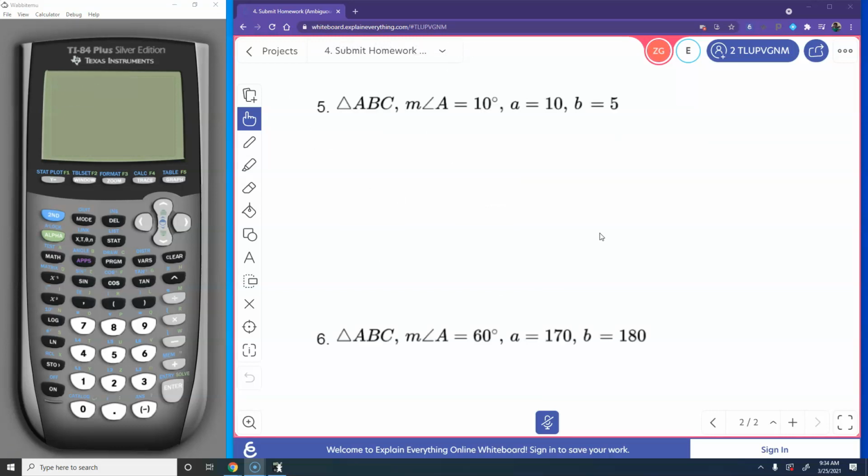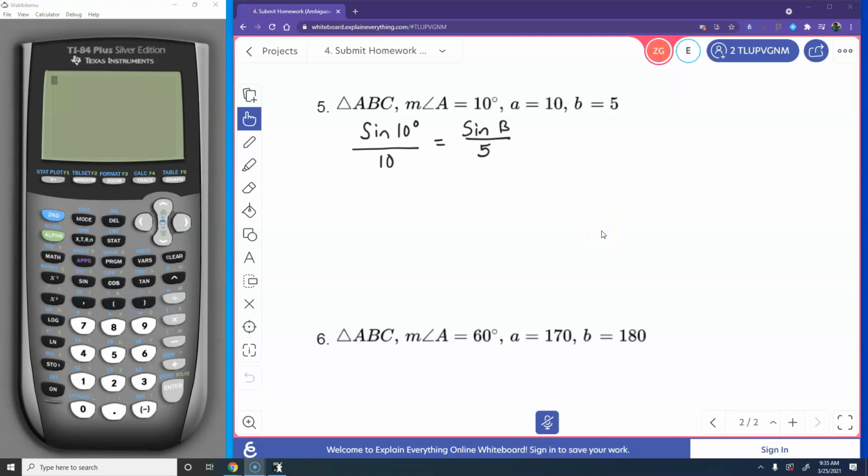I hope that you were able to try to work out 5 and 6. Now I'm going to give you the solution. So once again, we're given a triangle ABC. The measurement of angle A is 10, so we're going to say the sine of 10 degrees is to, remember the ratio to 10, and then we have the sine of angle B is to 5.